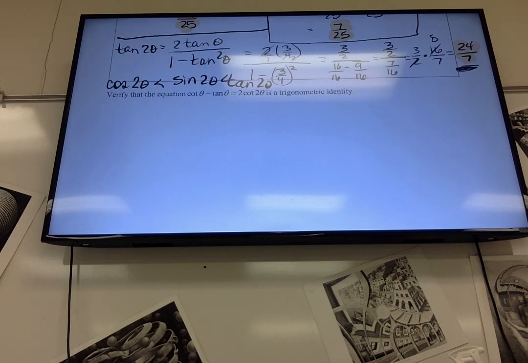I had the 2 times 3 over 4, and that's 6 over 4. And then on the bottom, 1 minus 9 over 16. And then I cross-canceled those. Are you supposed to cancel the bottom and the top? I did the 6 and the 9 canceled. The only reason you can't do that is because of this minus sign.